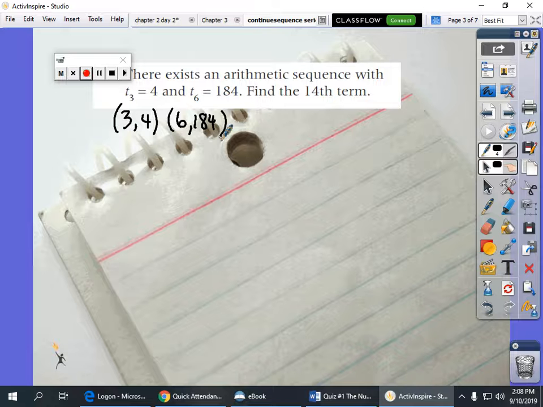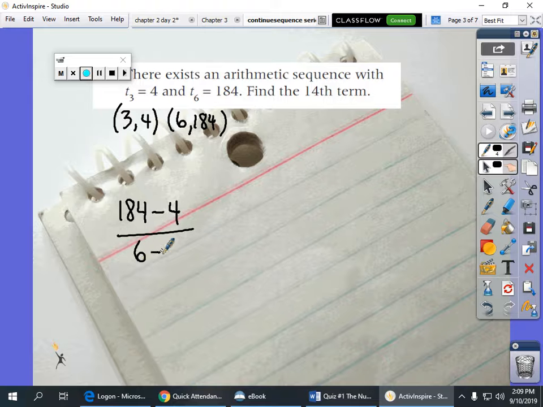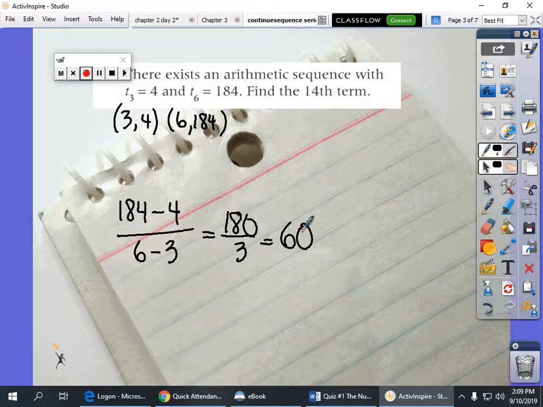So how would I use those two ordered pairs to find slope? 184 minus 4 over 6 minus 3. So 180 divided by 3, which is 60. What does 60 represent? D. Now, I can take one ordered pair and D to find what? The first term. You're getting the hang of it.